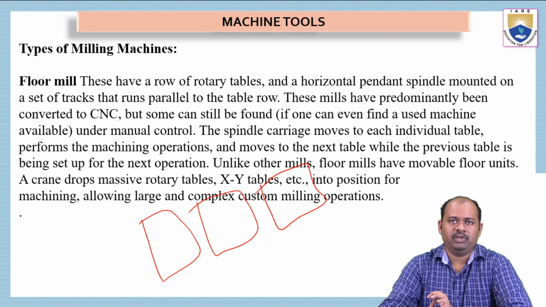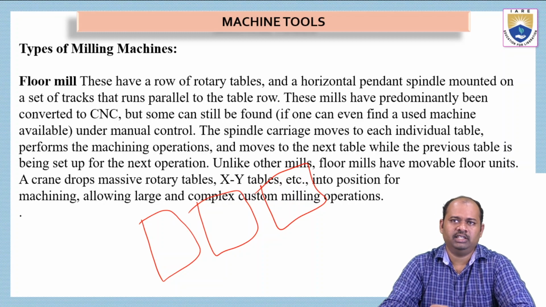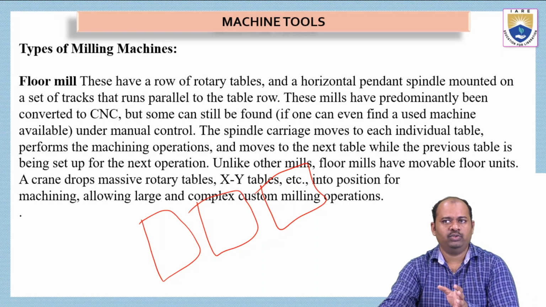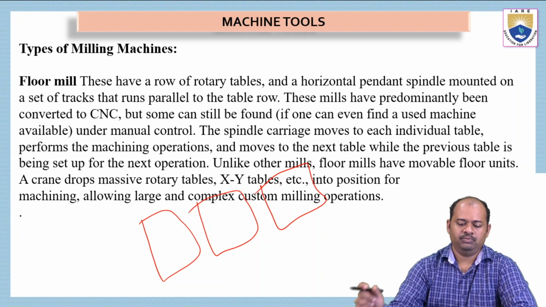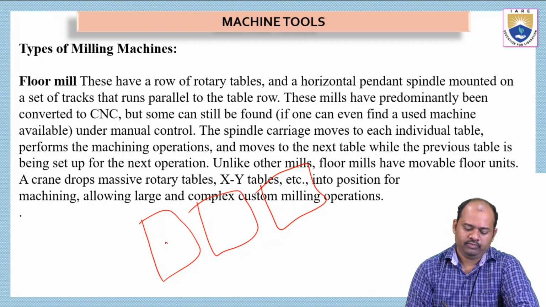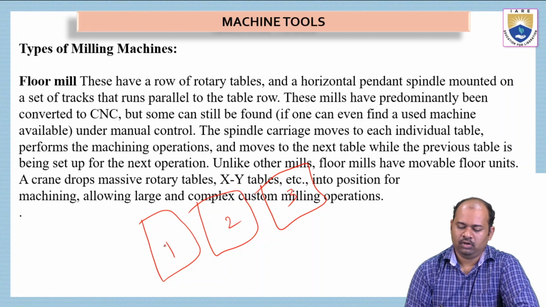These mills have predominantly been converted to CNC, but some can still be found as manual machines. The spindle carriage moves to each individual table, performs the machining operations, and moves to the next table while the previous table is being set up for the next operation. So that is what we discussed. Suppose these are tables 1, 2 and 3, and the workpiece is initially attached to all three.